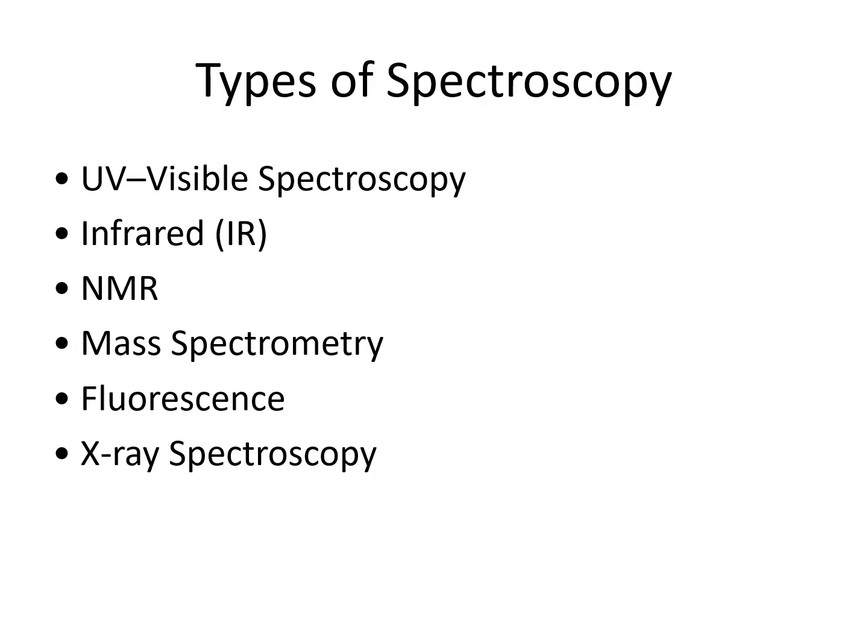Now we will discuss the different types of spectroscopy. There are several types of spectroscopy. UV visible spectroscopy studies electronic transitions. Infrared spectroscopy identifies functional groups through vibrations.